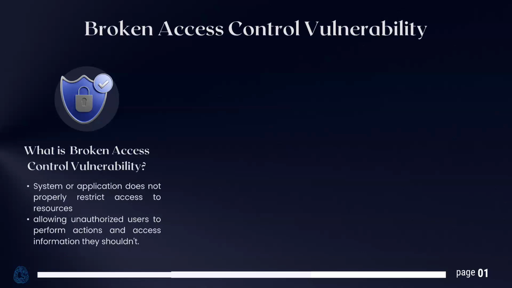If you are a normal free user, but you know someone who is a premium user, and somehow with your free account you are able to access the premium user facilities, then it is a broken access control vulnerability, because you are able to see the premium features without paying anything extra.